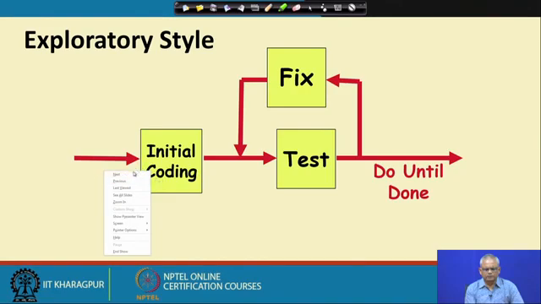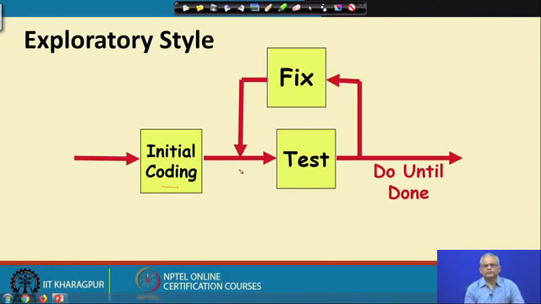we do the initial coding, and after the initial coding is complete, start testing, and find that there are a large number of bugs getting reported. Maybe some of them are crashes, the program crashes, or maybe just a large number of bugs, compilation errors and so on, and then just fix them.